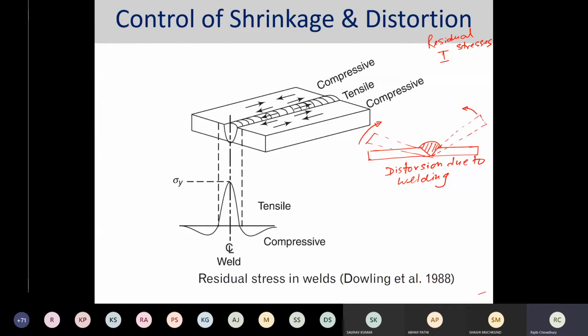And if the weld is eccentric to the effective centroid of the resisting structure or the member, then it will result in bowing of the plates. So this distortion, typically called the longitudinal distortion, is of very limited importance in the connection design.